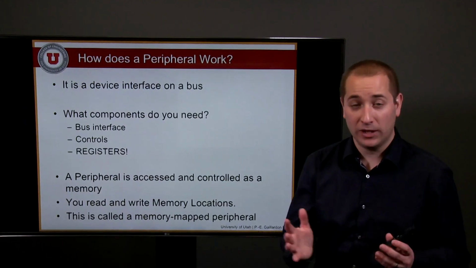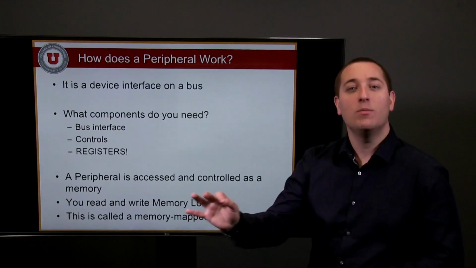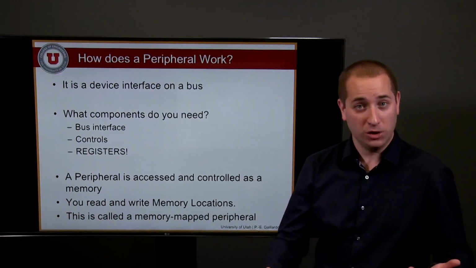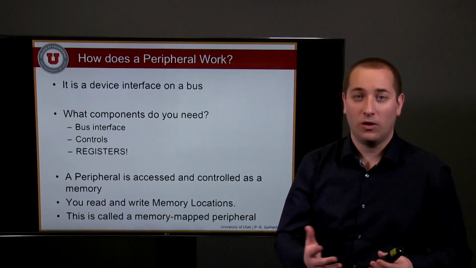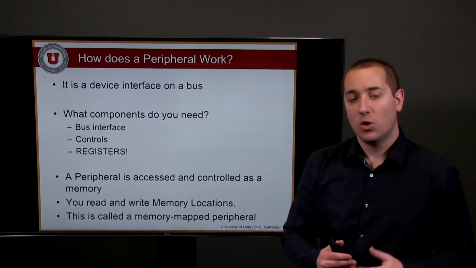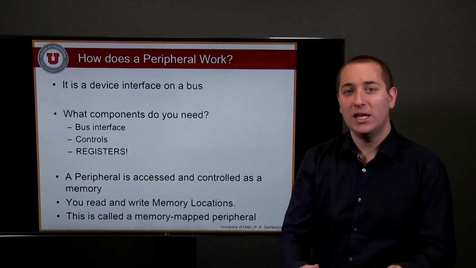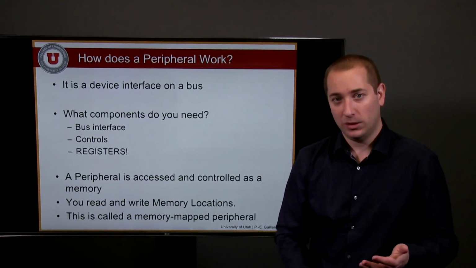You simply have to look at the documentation, see which bits in the memory should be set to which value to control a given function, and then write some set of information into this address location. So in the end, controlling a peripheral is simply reading and writing memory locations. And this is what we call a memory mapped peripheral.